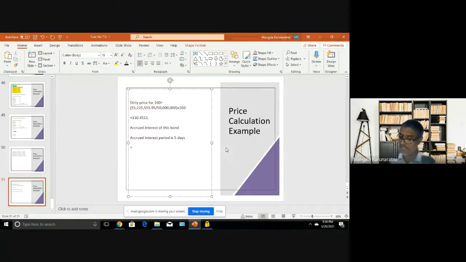You can straight away take this without trying to fine tune the accrued interest. You can calculate the way I did as a theoretical framework, in the sense that you take 50 million face value times 13.5 coupon, divided by 2, then multiply by 5 and divide by 184.